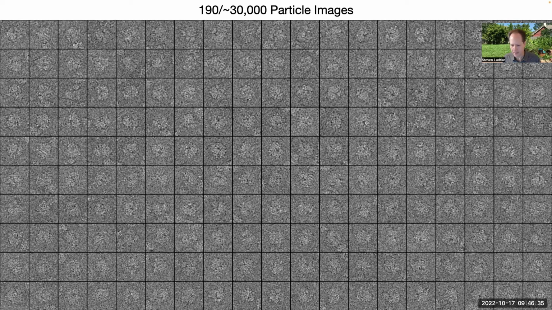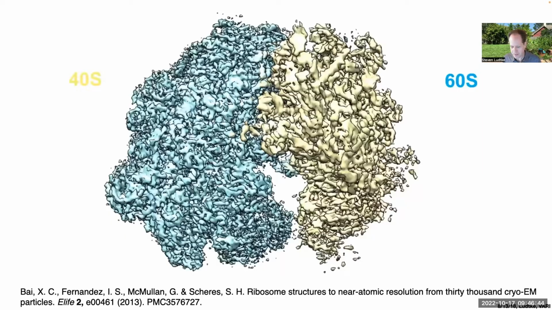So single particle analysis, right? The basic idea is you take a bunch of images of individual particles like this, and then put them together to produce a big, nice high resolution single particle reconstruction.